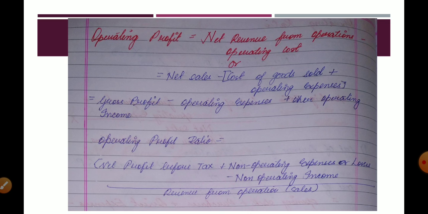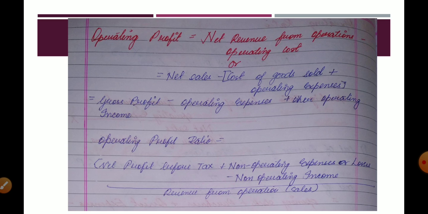Operating profit ratio is equal to net profit before tax, that is EBIT, plus non-operating expenses or losses less operating incomes, divided by revenue from operation, that is sales.